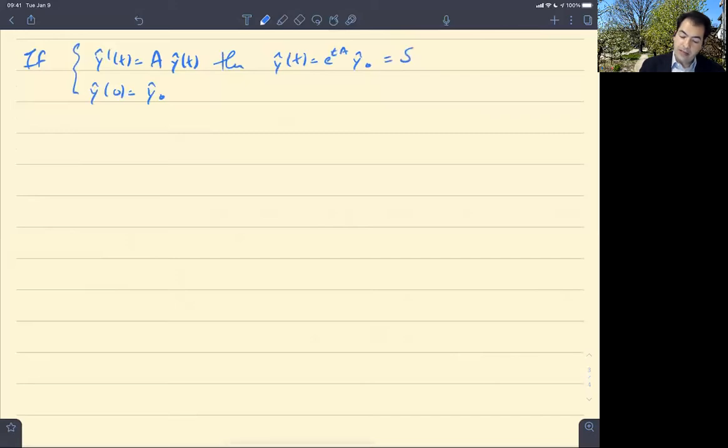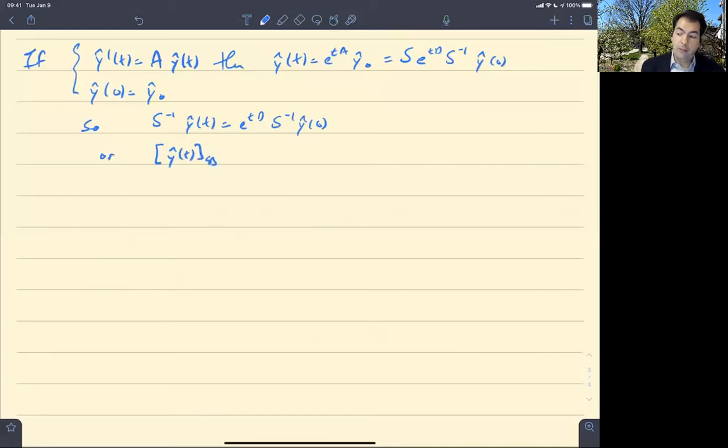And we can write that as S e to the tD S inverse y hat naught. So another way of saying that is that S inverse times y hat of t is equal to e to the tD S inverse y hat of 0. Or, so let's say you write y hat of t with respect to a basis B made up of the eigenvectors.